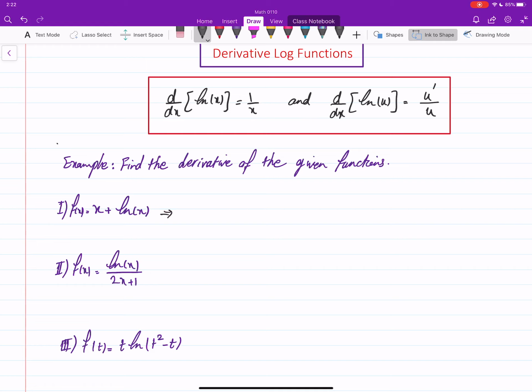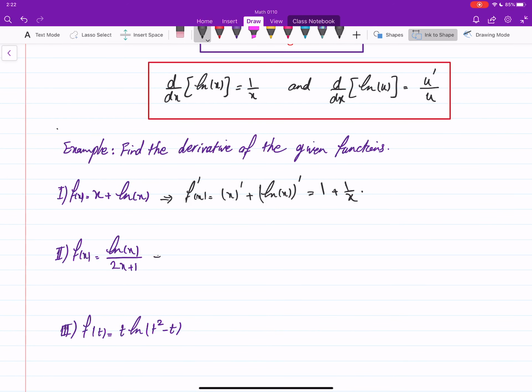The first one is, well, f prime of x, you differentiate each piece and then add them. And this gives us 1 plus, derivative of ln x is 1 over x. That's the derivative. Here we have quotient rule.